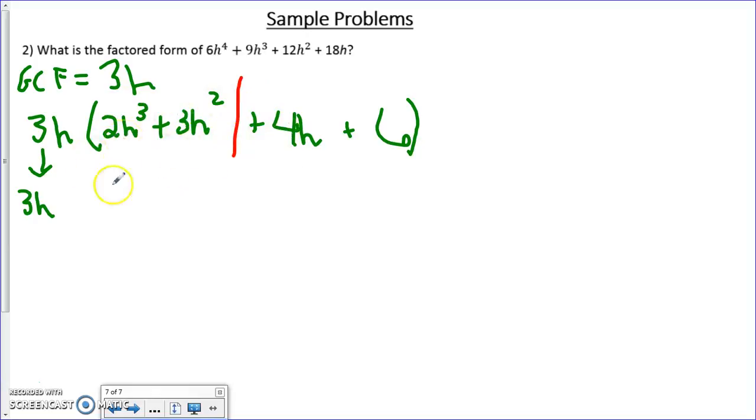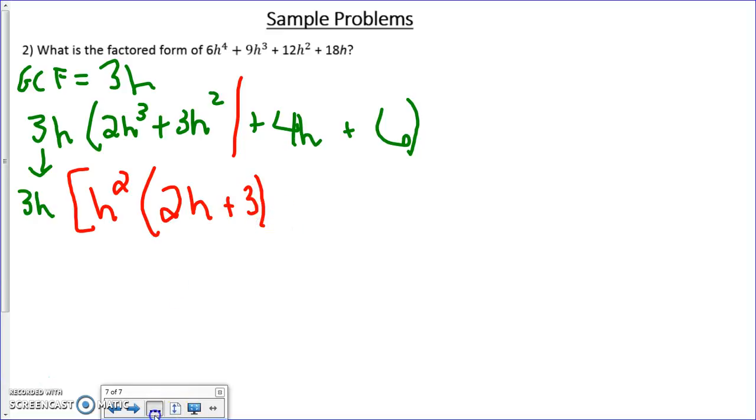So let's look at the first set of 2 terms, 2h cubed and 3h squared. My GCF here is h squared. I'm going to factor out an h squared, and I'm going to be left with 2h plus 3. Okay? Then I'm going to look at my second set. Over here, my GCF is going to be positive 2.